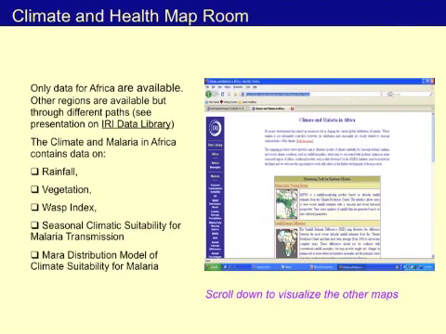The Climate and Malaria in Africa interface contains data on rainfall, vegetation, WASP index, seasonal climatic suitability for malaria transmission, and MARA distribution model of climate suitability for malaria. And you can scroll down to visualize the maps available on the interface. In this slide, we only see the first two products, Malaria Early Warning System and Rainfall Estimates differences.